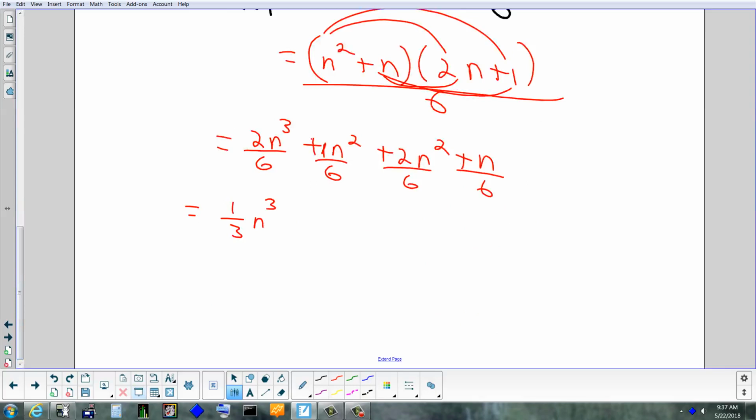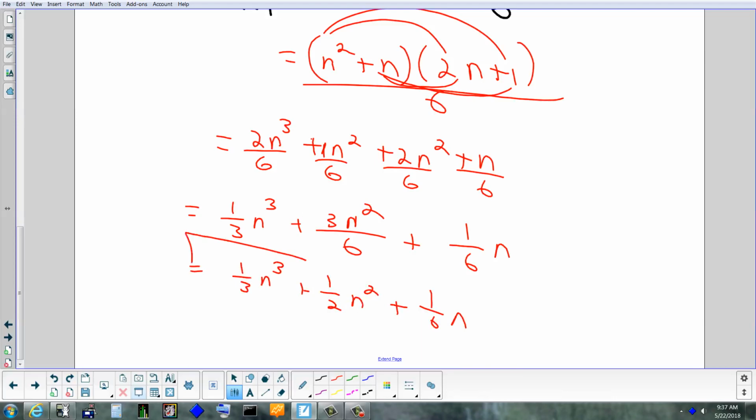That's 3n squared over 6. Plus, you can write n over 6 or 1/6 n, same thing. I'm just trying to write it as a polynomial all distributed out, because that's going to save us a ton of time if we do it this way. So 1/3 n cubed plus 1/2 n squared plus 1/6 n.